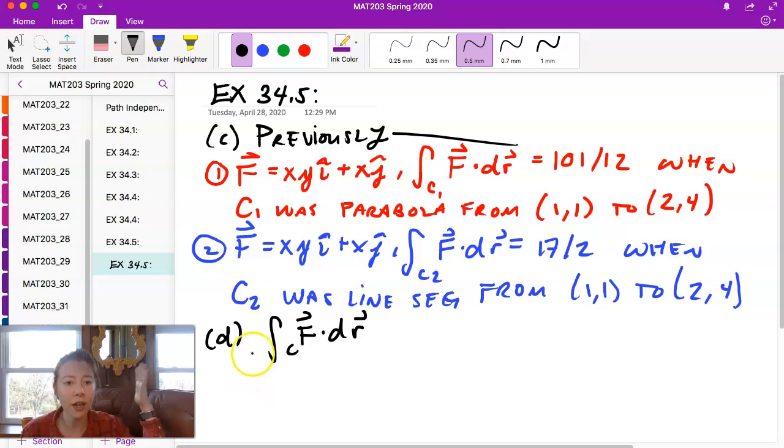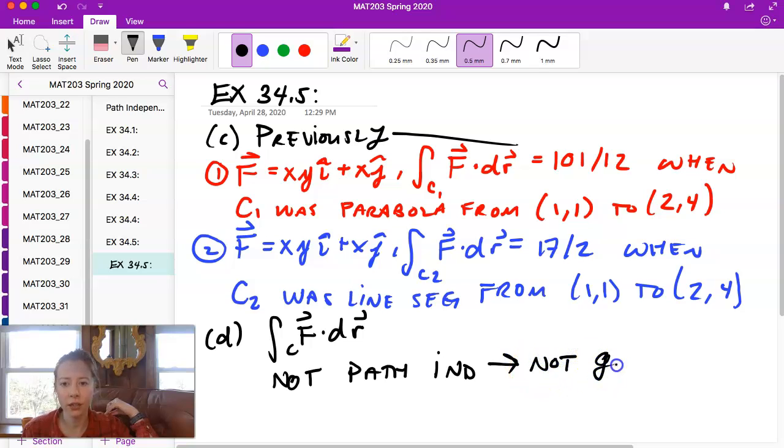And that is because part C is not path independent, which tells us it is not a gradient field.